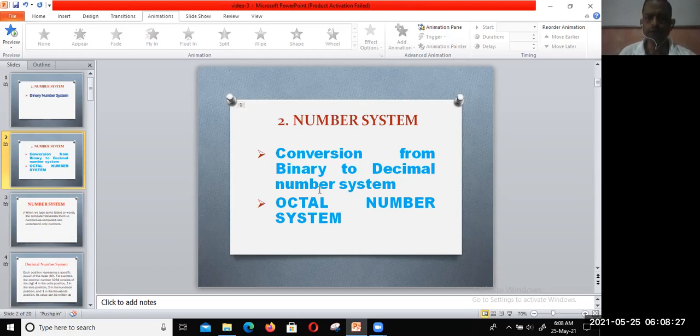Today I'm going to discuss conversion from binary to decimal number system and octal number system. Previous class I explained about the binary number system.